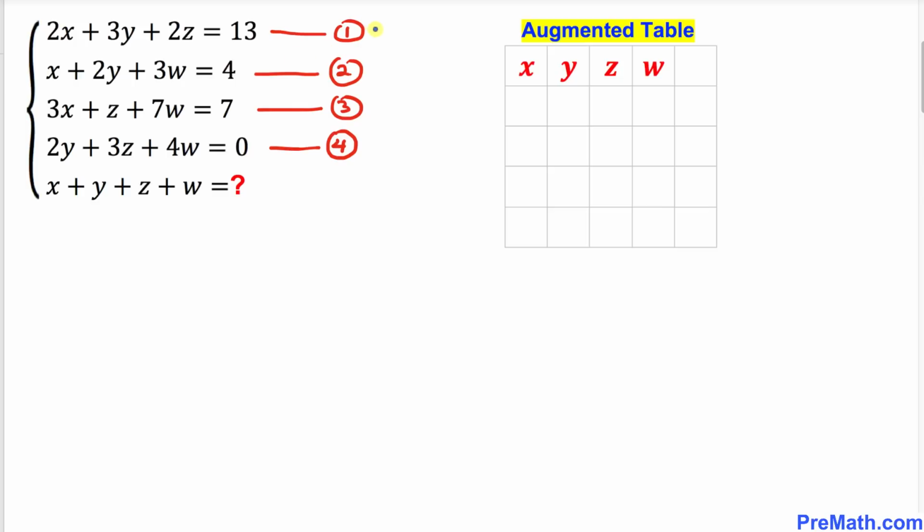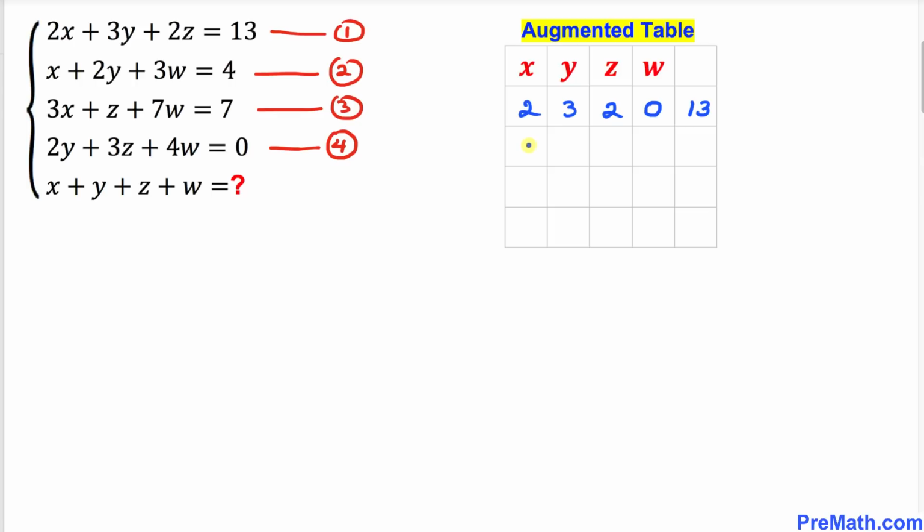Let's focus on equation 1. We can just write down these coefficients. For x it is 2, for y it is 3, for z it is 2. Since w is missing, I'm going to write down 0 coefficient, and the right hand side is going to be 13. Likewise we are going to do the same thing for equations 2, 3, and 4.